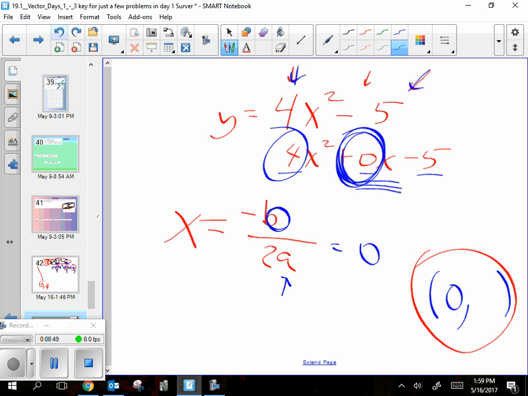Nope. Here's where the 0 goes. Do you agree with that part? Yeah, I agree. Yes. Then 0 squared times 4, maybe you were thinking that that comes out to 4, but it doesn't. The 0 makes all of that go away, because 4 times 0 is just 0. What's left? That part. Negative 5. Who had 0 comma negative 5?